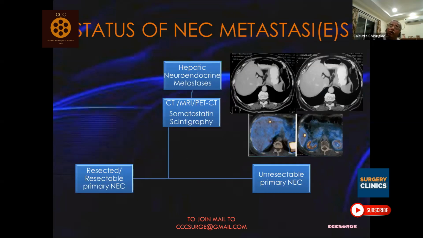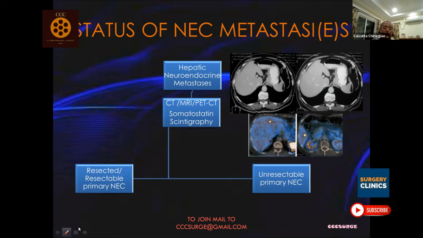Now, we're coming into neuroendocrine metastases. Hepatic neuroendocrine metastases, you opt for a CT, MRI, or a PET CT, or even better, a somatostatin scintigraphy. Resectable primary NEC and unresectable primary NEC.